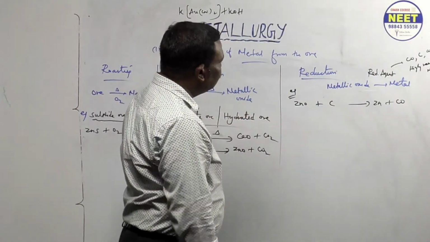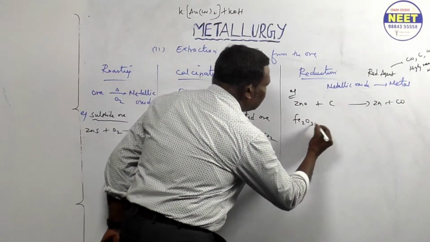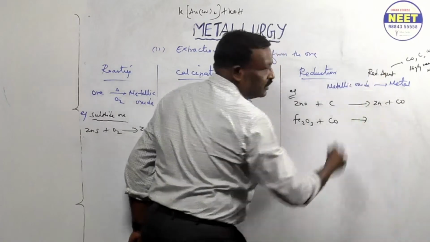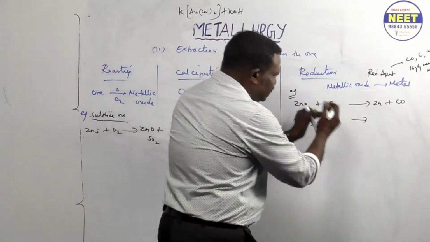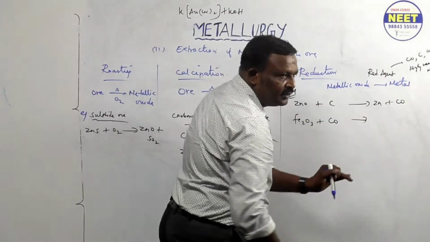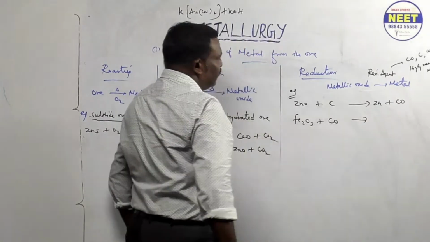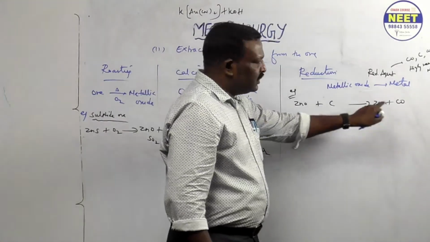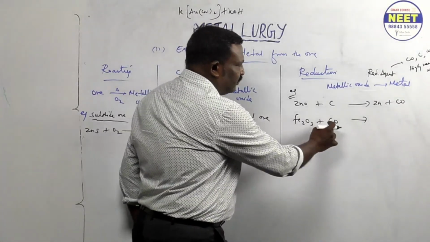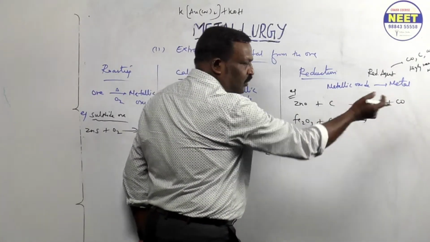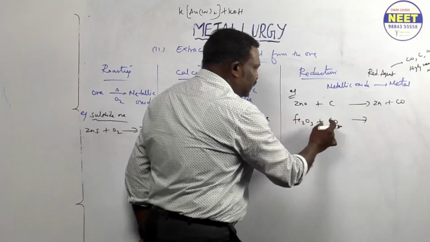Sometimes we can use a metal, sometimes CO also, carbon monoxide. These are all reducing agents. This reduces the metallic oxide into metal. Already we have seen CO: it reduces this one, which means CO itself is oxidized.